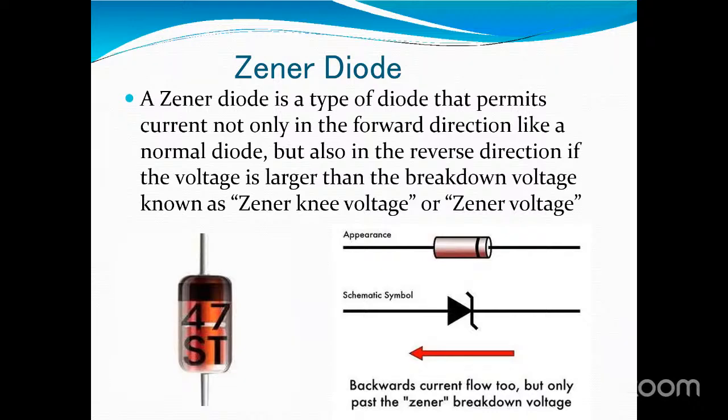So how does it appear? Appearance is like this. Symbolic representation: the Z symbol is like that, with a Z shape as well.